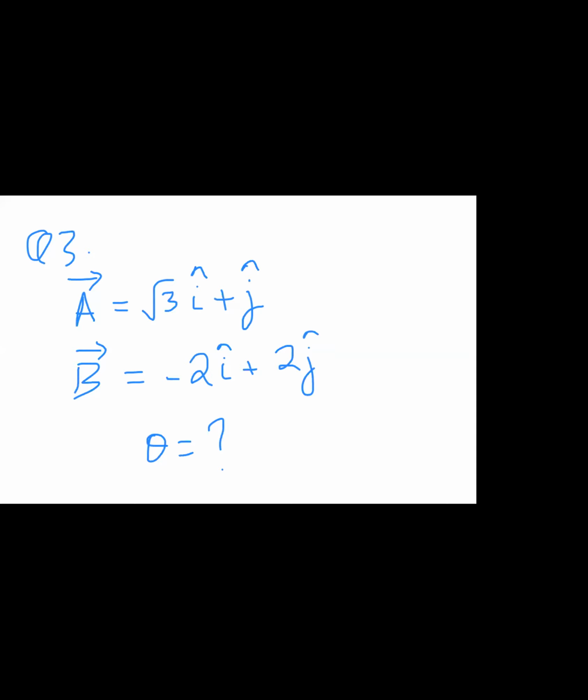When you work it out, the angle should in fact come out to be 105 degrees. So just try out that question. It should come out to be 105 degrees.